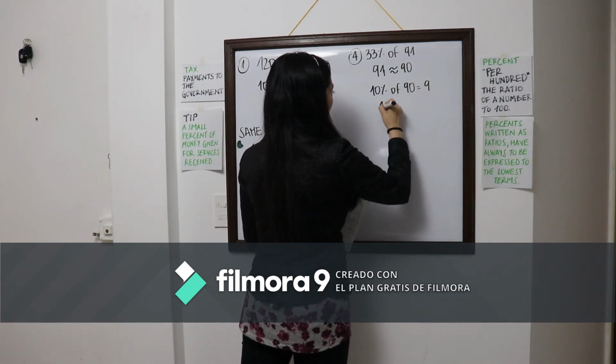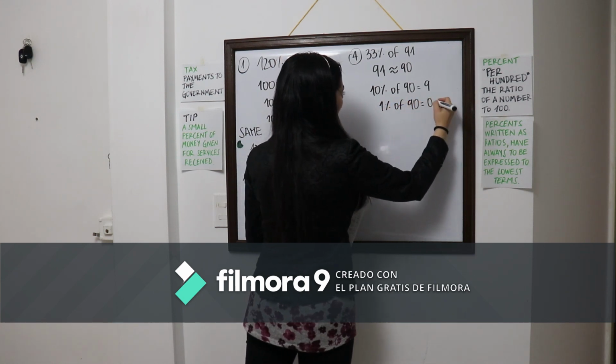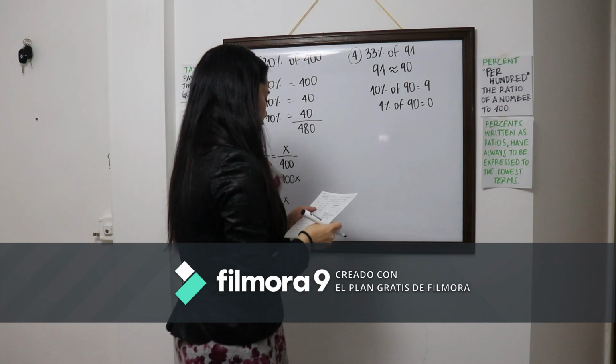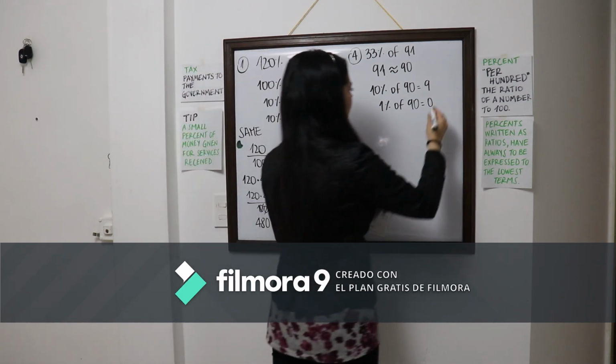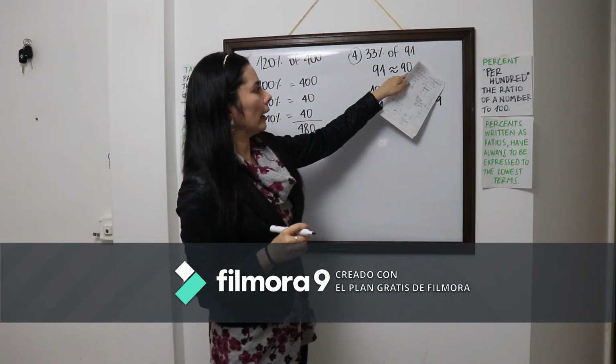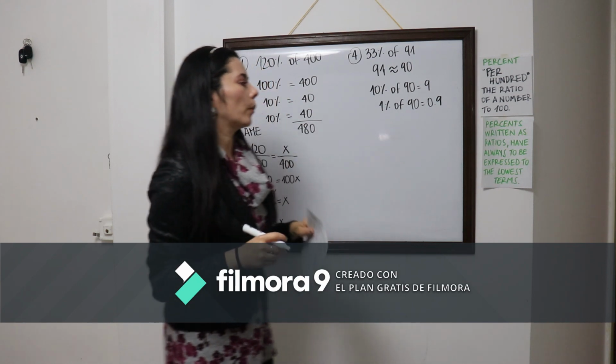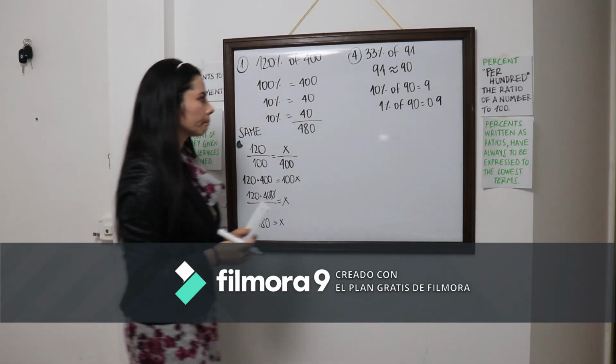And then 1% of 90 should be 0.9. How do I know that? Well, if I divide 90 by 100 to get 1%, then I get 0.9.